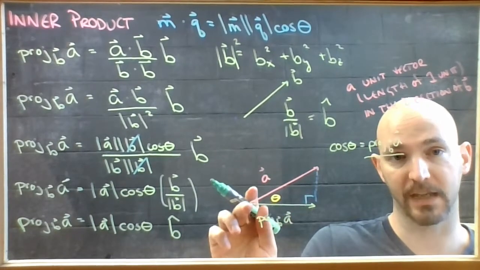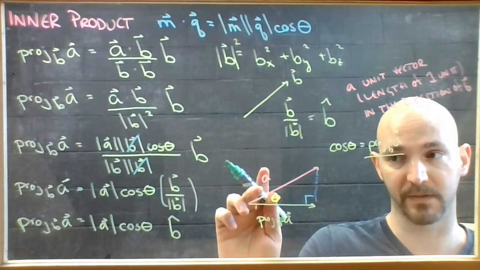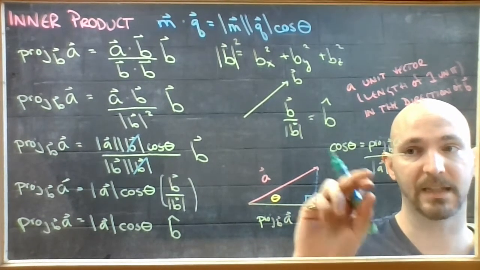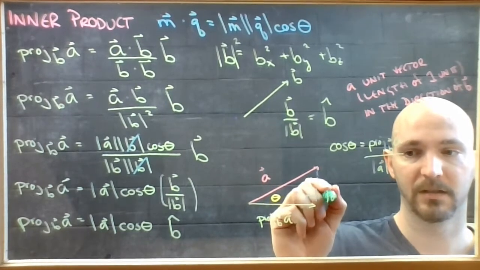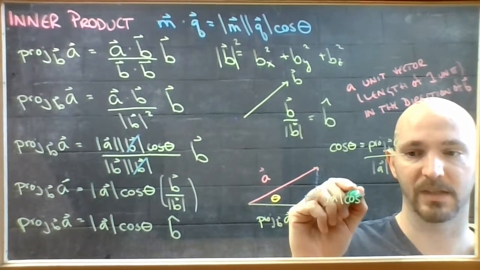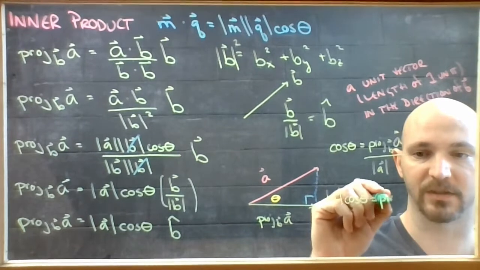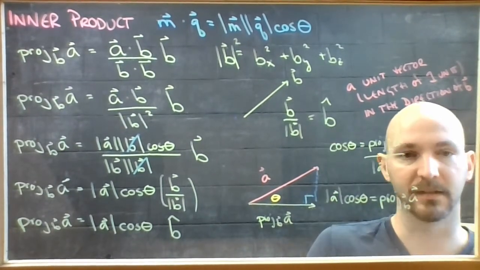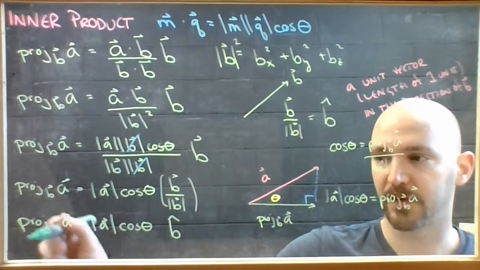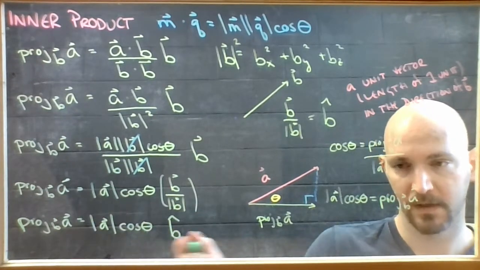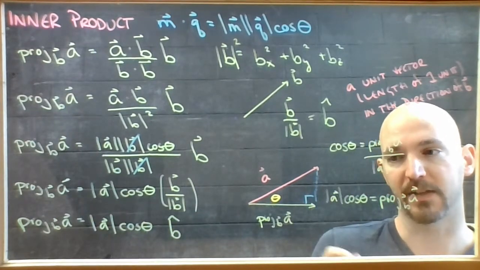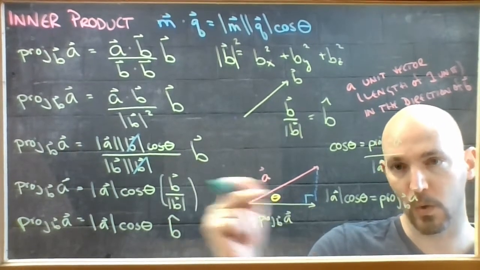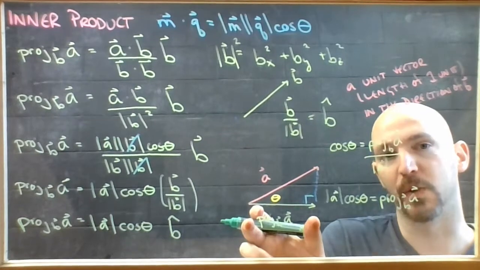Now I can't use a here. It's supposed to be the length of the hypotenuse. So the length of that would be magnitude a. Now if I take this and pop it up there, magnitude of a cos theta equals projection of BA. I guess that's the size of that thing. Notice that I've got this same thing here. The only thing I need to make it a vector is to attach this little unit vector that tells me to go that way, but only go that far.